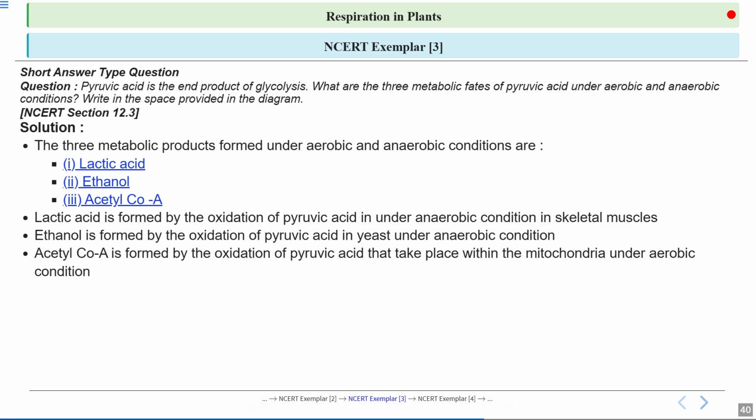Now, the other product, acetyl coenzyme A, is formed from pyruvic acid inside the mitochondria when oxygen is available. This step is very important for the cell to enter the Krebs cycle and produce energy.